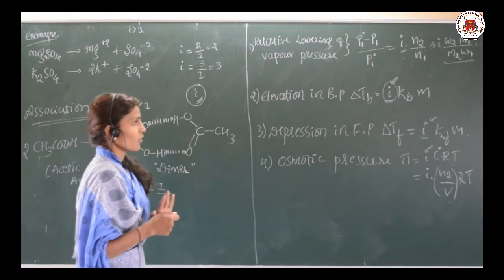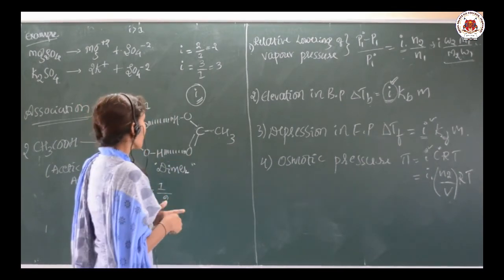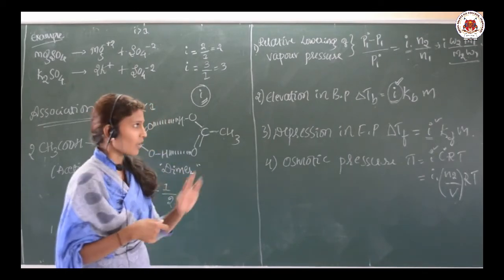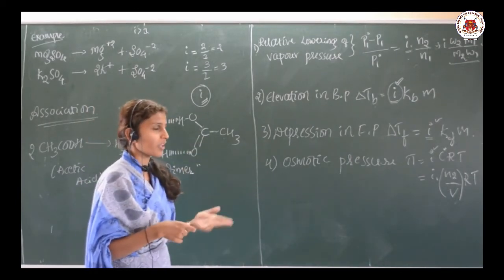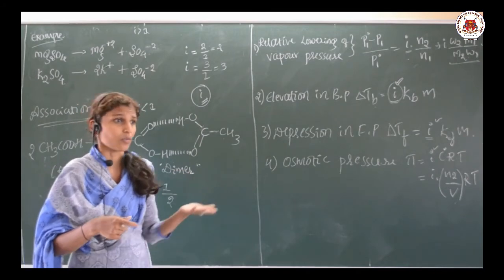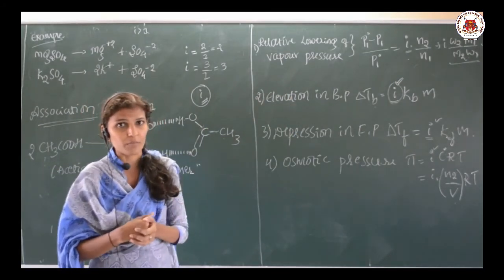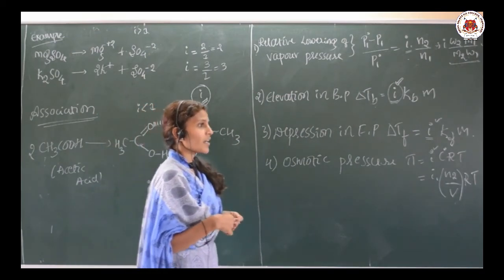With this, the theory session on the solutions chapter is completely finished. As for applications of the colligative properties, we can find out M2, the molar mass of the solute, and they are used in car radiators.